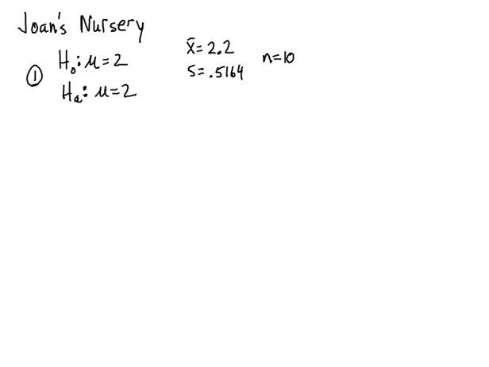The second step is to go ahead and create the sampling distribution. In this case, it'll be a t-distribution centered at the claimed 2 hours. And we have a level of significance of 0.05, so we'll split that. So 0.025 on the upper and lower ends.